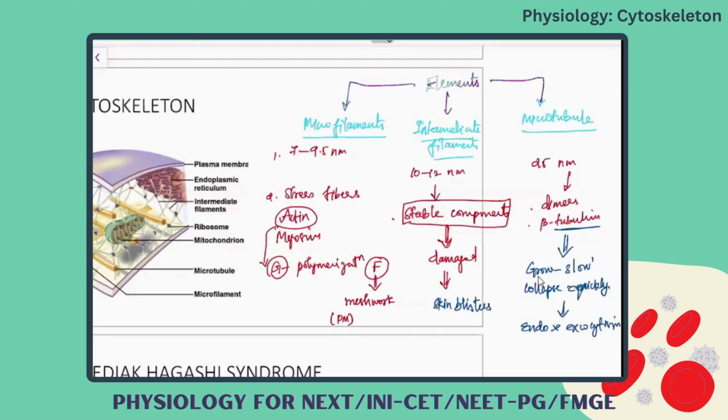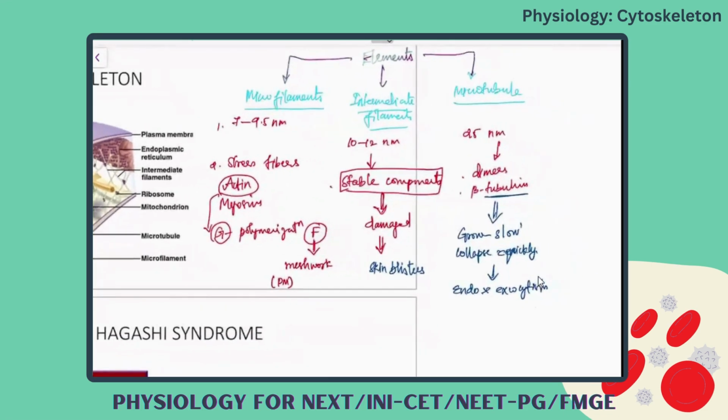Listen over here. The elements of the cytoskeleton are microfilaments, intermediate filaments, and microtubules. Just remember the sizes. Microfilaments are very small compared to the other filaments, 7 to 9.5 nanometers. The next bigger one is intermediate filaments, 10 to 12 nanometers, and the next is microtubules.